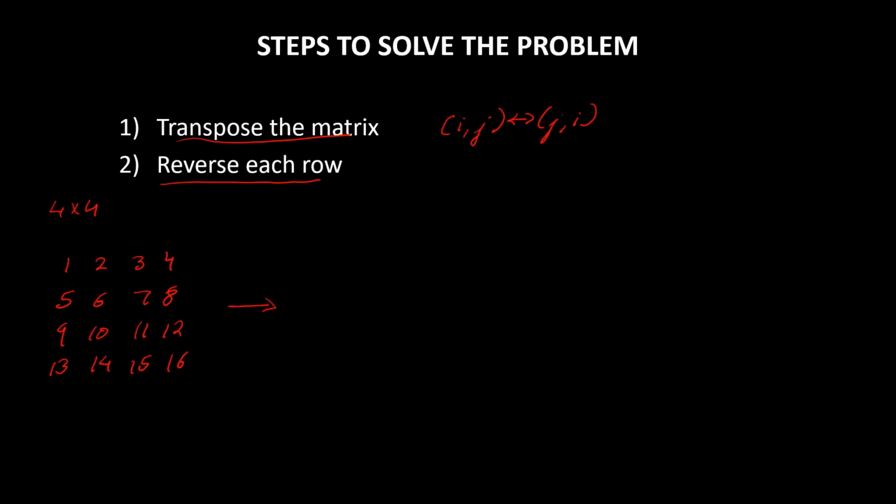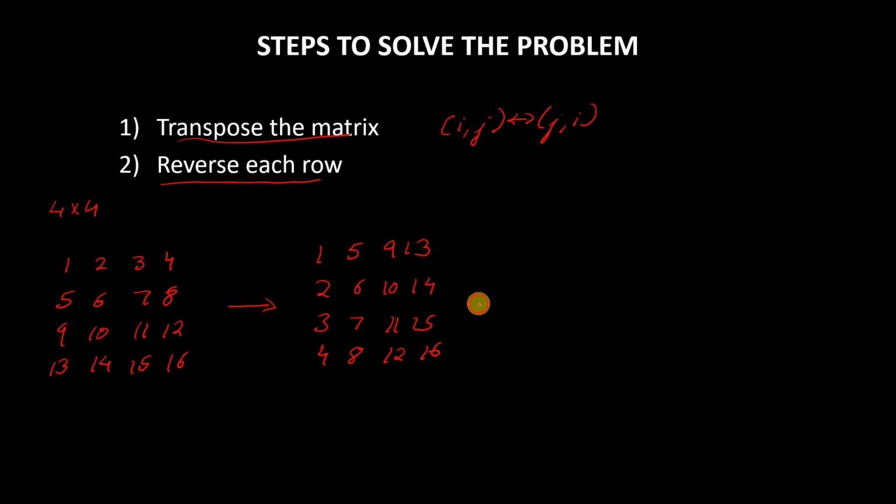Now after transposing, we swap the element at ij with ji. The required matrix will become 1, 5, 9, 13, 2, 6, 10, 14, 3, 7, 11, 15, 4, 8, 12, 16.